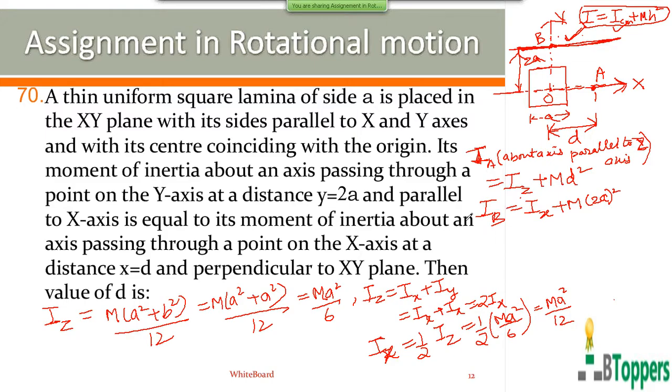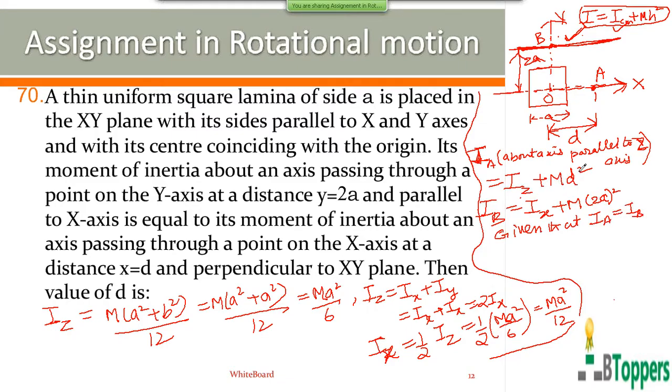So here it's given that IA and IB are equal. IA equal to IB.